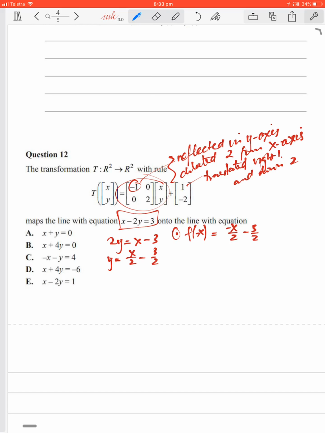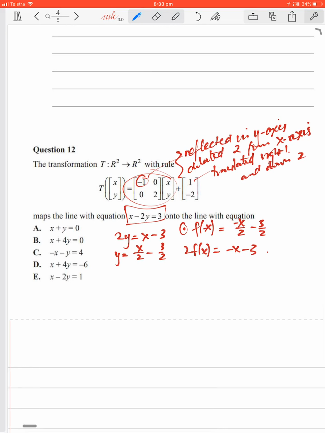Dilated by 2 from the x-axis, so that's 2 times f of x, which is going to be negative x minus 3. Then if I translate it right 1, I get f of x minus 1, so that becomes minus x minus 1 minus 3, which is minus x plus 1 minus 3, minus x minus 2. That's y, of course. And then down 2, minus x minus 4.